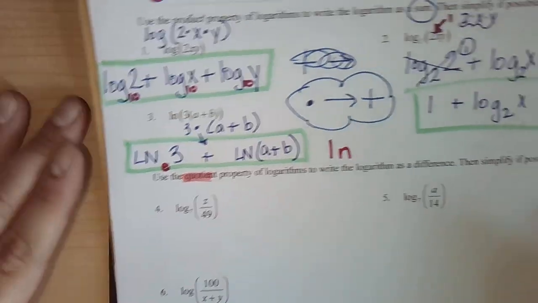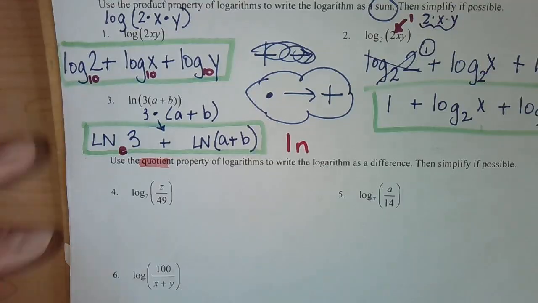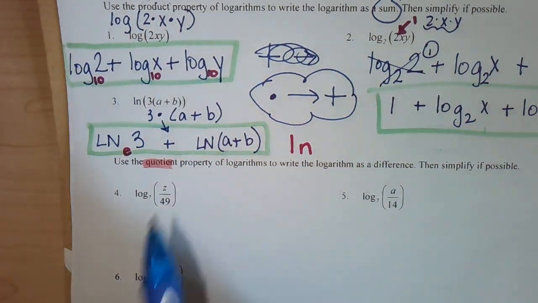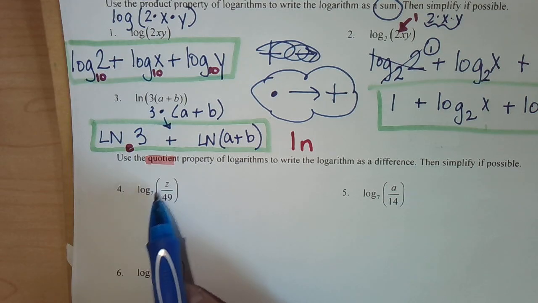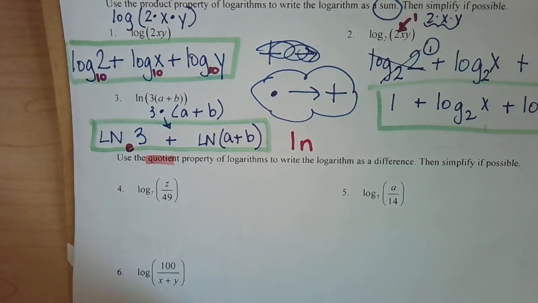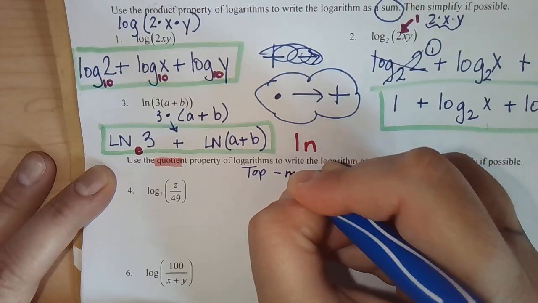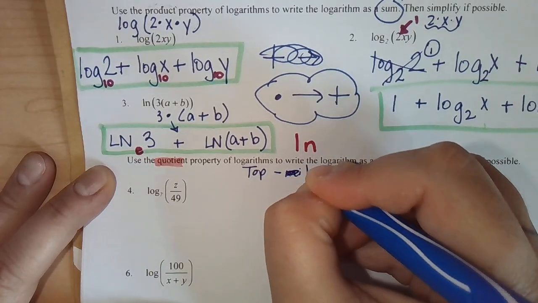Okay, so let's look at number 4. First, what's being divided? The z and the 49. So we're going to have this log 7 on a z and a 49. And you always write the top minus the bottom.